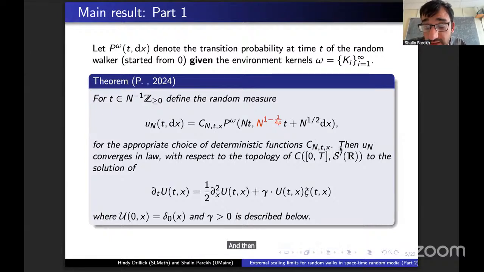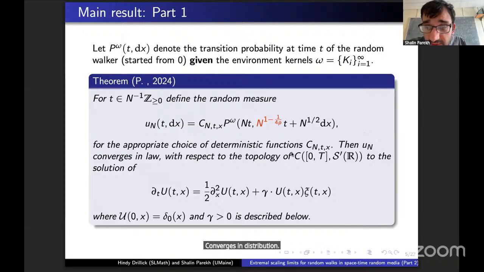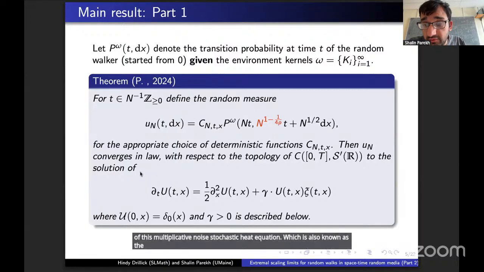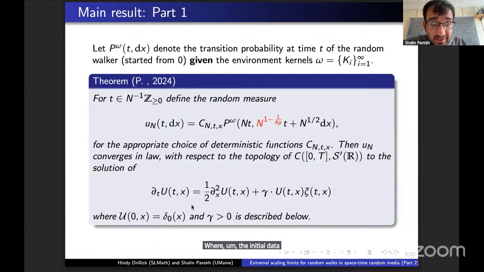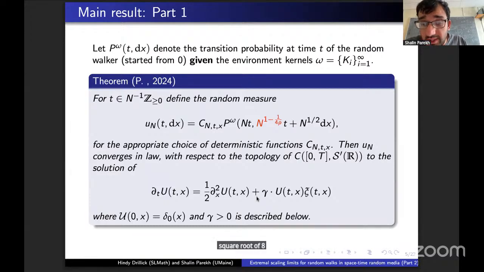Then the result is that this family of random variables u_n converges in distribution in this space to the solution of this multiplicative noise stochastic heat equation, which is also known as the Hopf-Cole transform of the KPZ equation, where the initial data is a Dirac at the origin. And this gamma is a real number, which I have not told you what it is because it's kind of complicated. Remember from Hindy's talk that gamma was like the square root of 8 sigma squared over 1 minus 4 sigma squared.